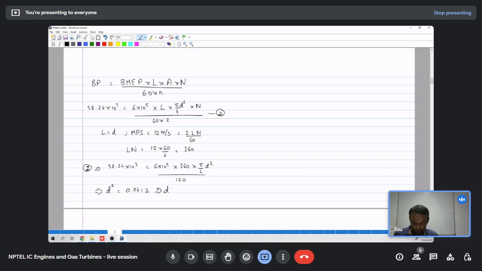That means d is equal to 0.203 meters. So that is the bore or stroke, so d is equal to L equal to 203 mm.